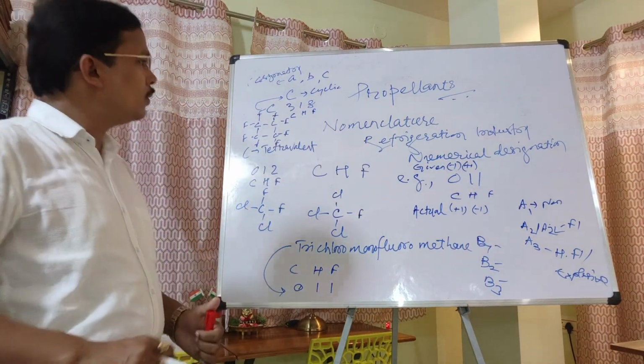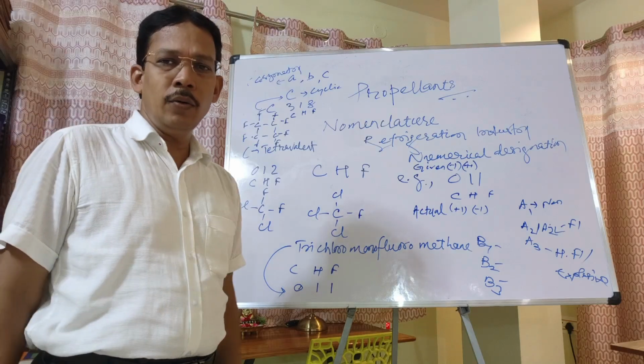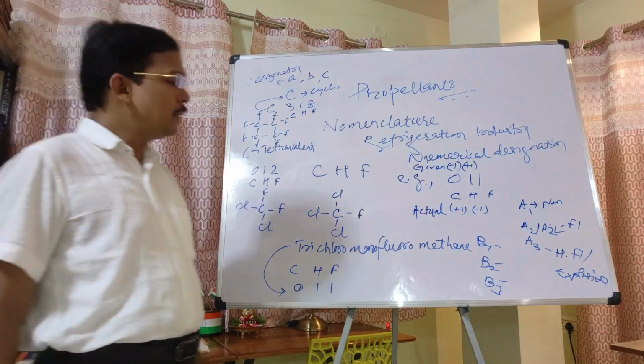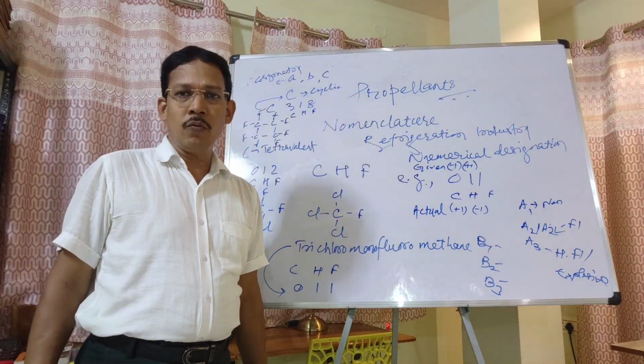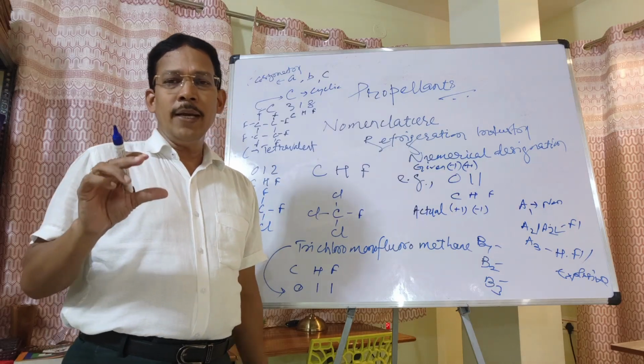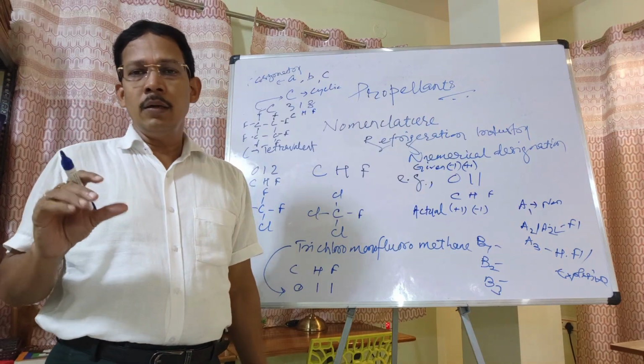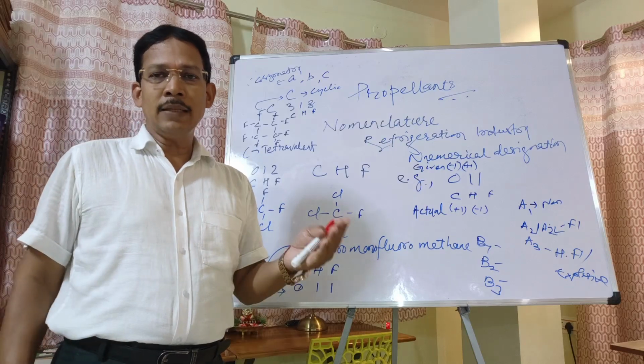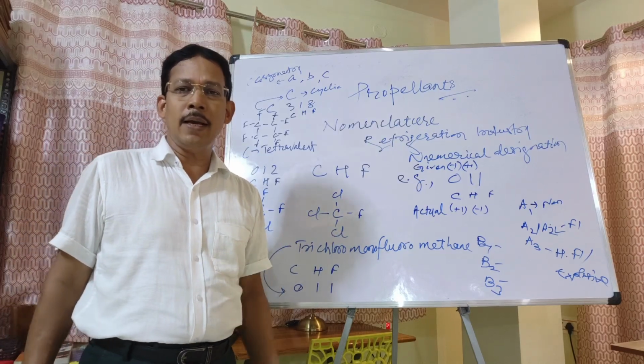So this is about the propellants used, and it is the propellants that act as a vehicle in the aerosol formulations. In the container, the propellant behaves such that under pressure, half of the gas converts to liquid and half remains as a gas.